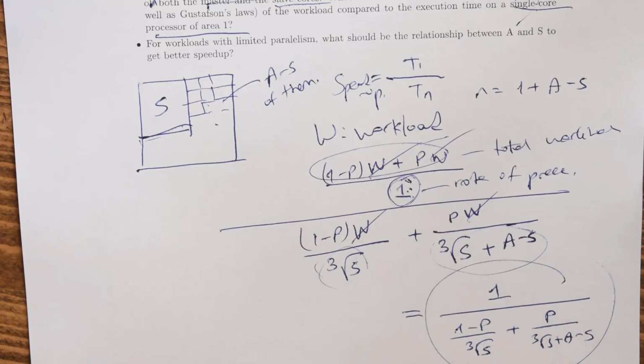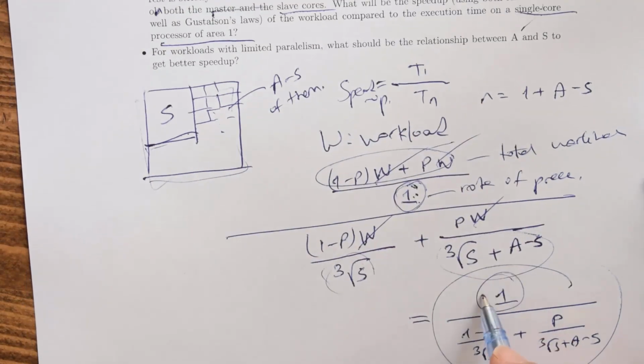You can also assume that the entire area can be used as a single core processor instead of a single unit core. In that case, the numerator has to change.